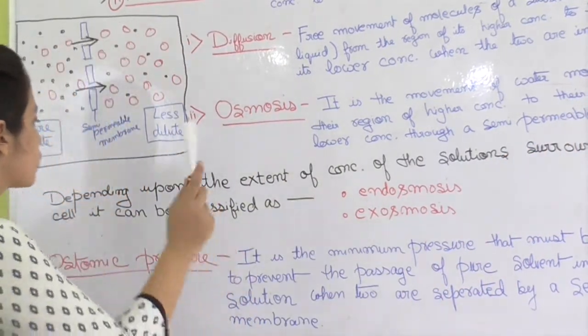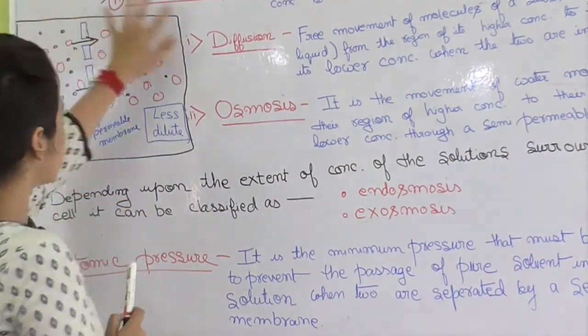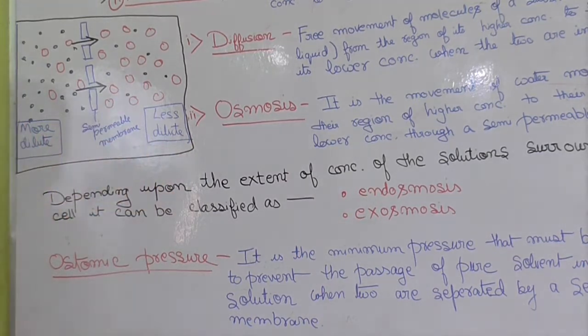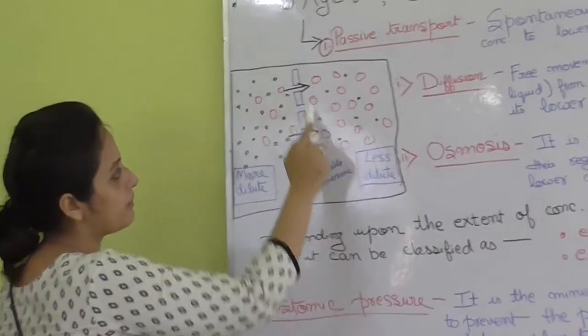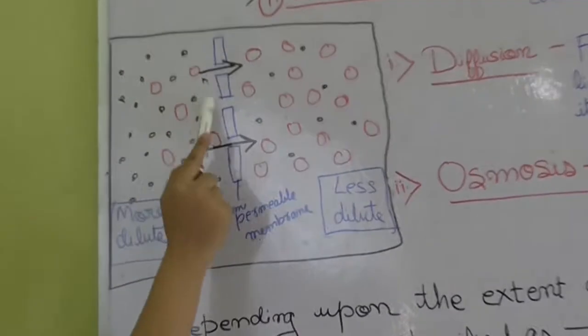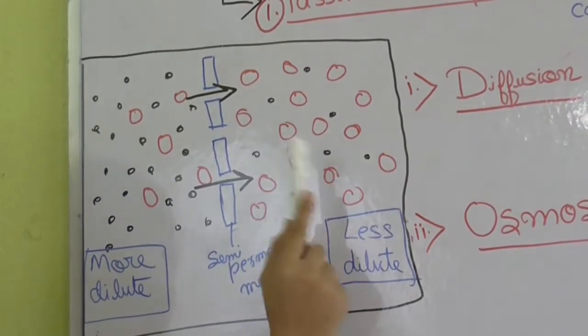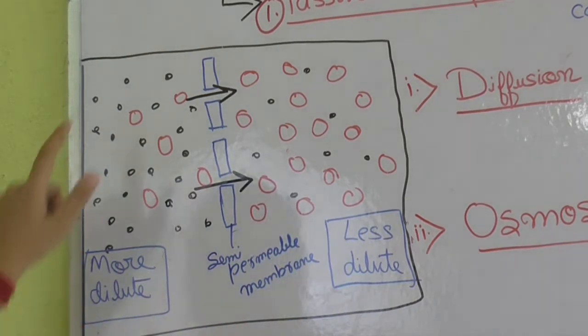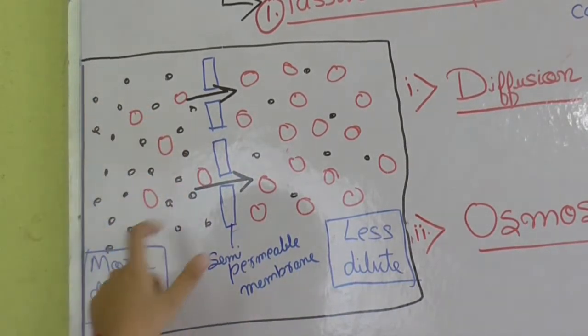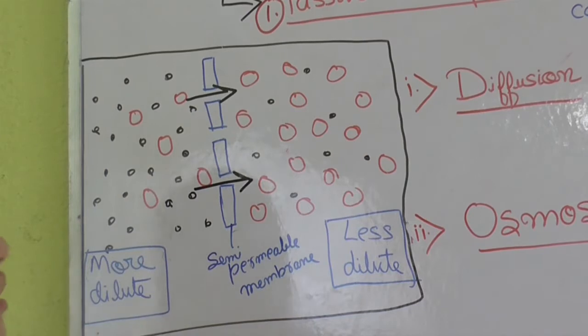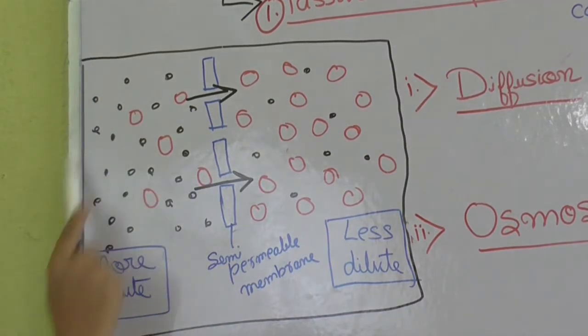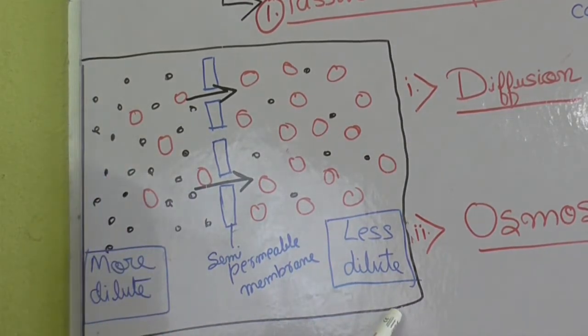Okay. So, this is a diagram which I have drawn for you. This is a semi-permeable membrane. These black dots are the water content and these red dots are the sugar particles. These are the solvent, and these are the solute. So, what is happening? Here is more dilute and here it is less dilute.